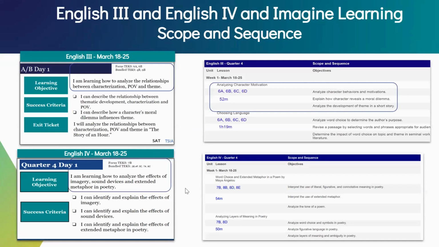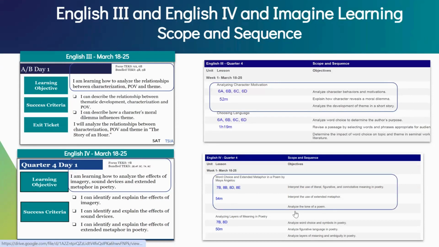In English 4, the students are reading poetry that contains extended metaphor. So you'll see here in Edgenuity, they're basically doing the same thing. Now, there is one main difference that I want to point out. In Edgenuity, they're going to be reading a poem by Maya Angelou.